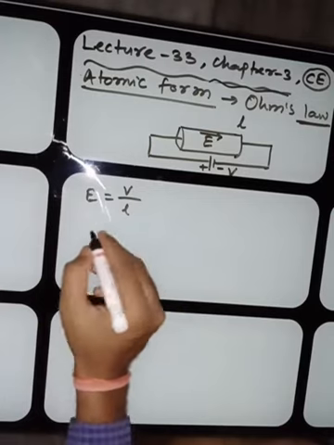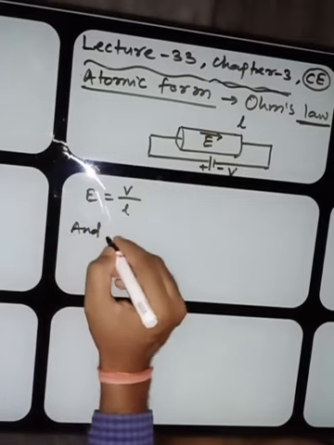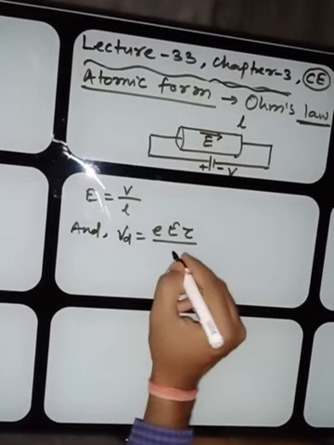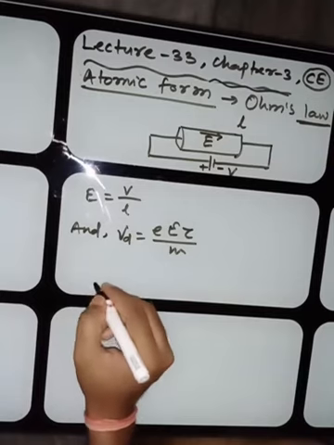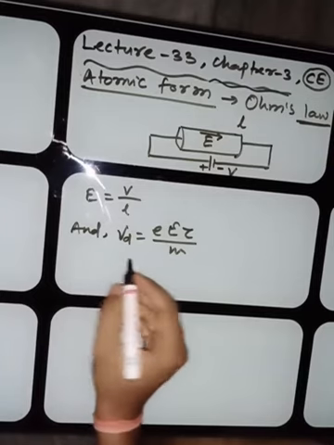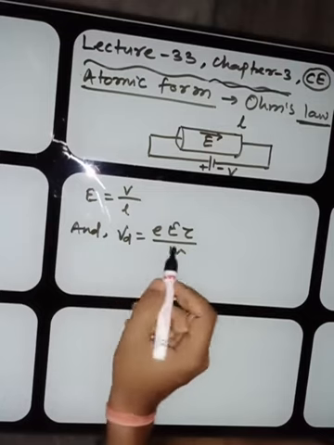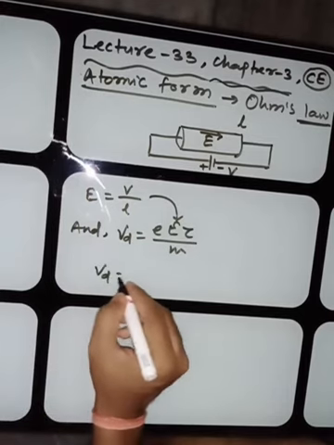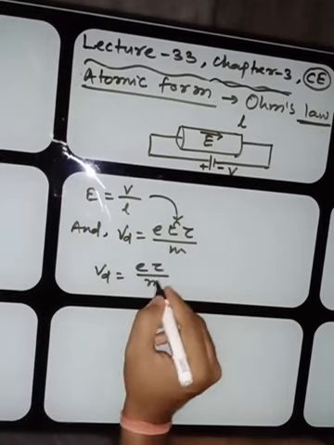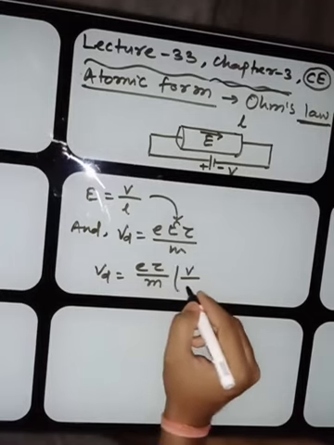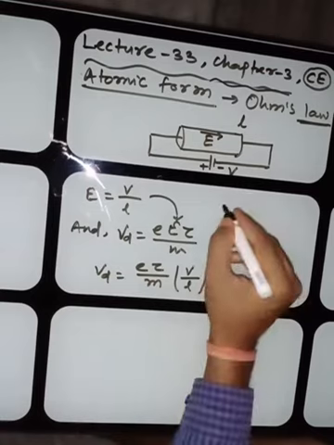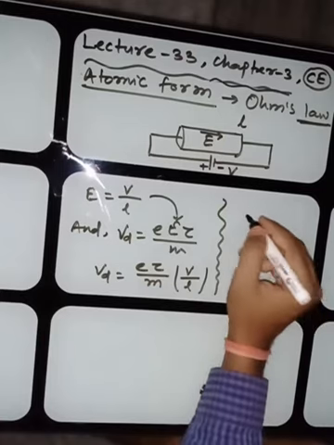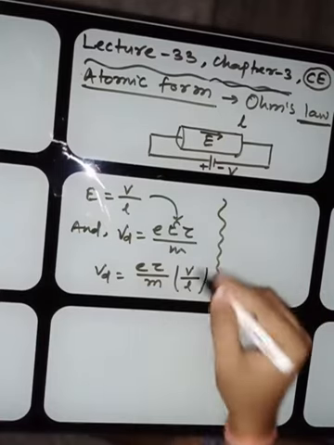And we already know our drift speed is eE tau by m. If we replace the electric field with this equation, then the drift speed will be e tau by m into V by L. Now, my dear student, you can simplify this and compare with the electric current.